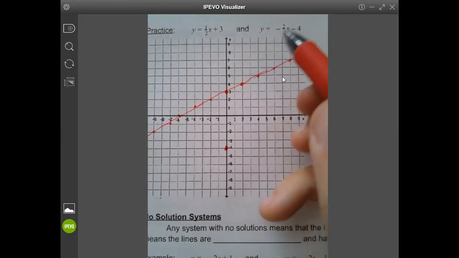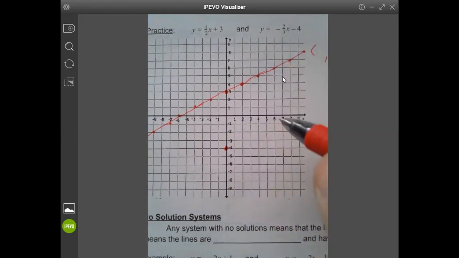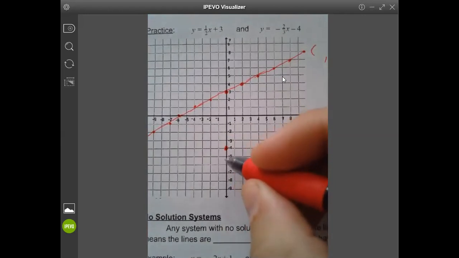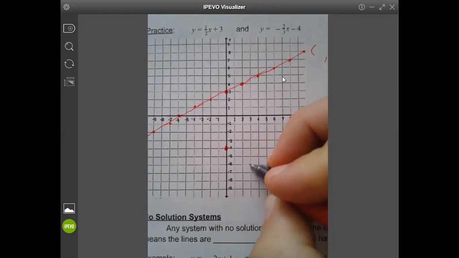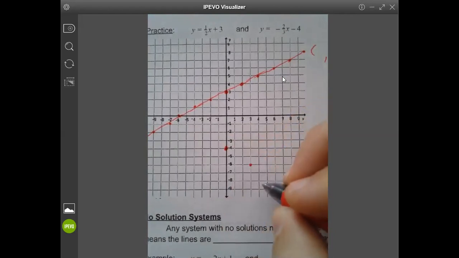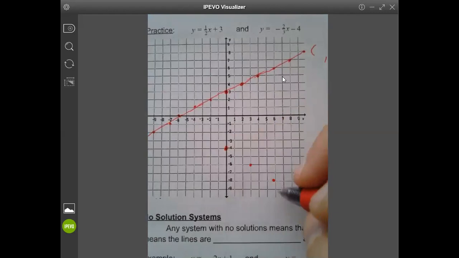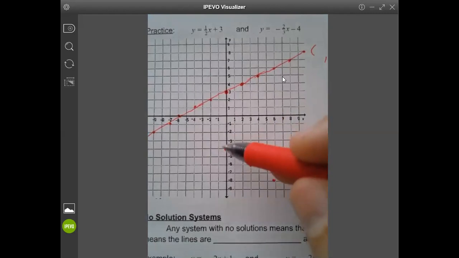And then if we have negative 2/3 as our slope, you go down 2, right 3. Down 2, right 3, and if we keep doing that, we might get one more down here. So that's this side of the graph.